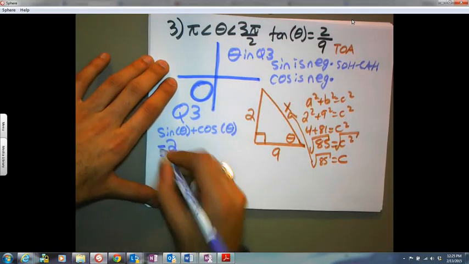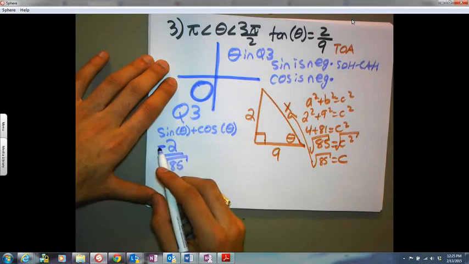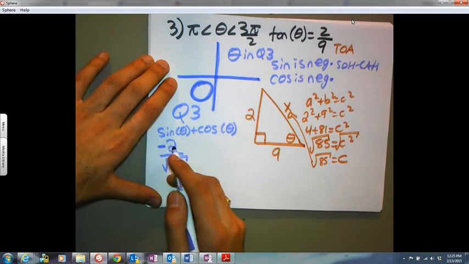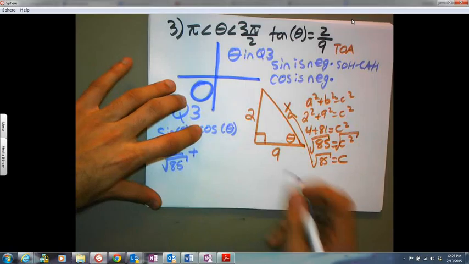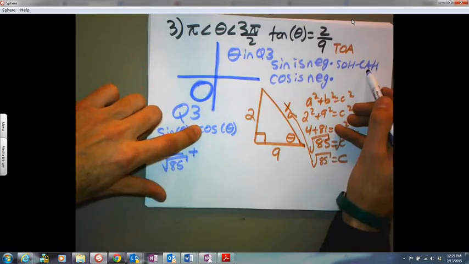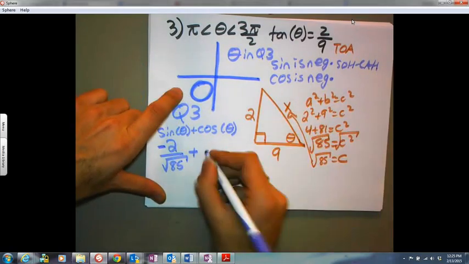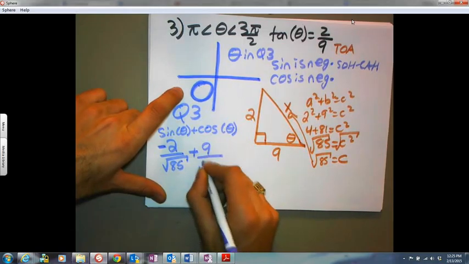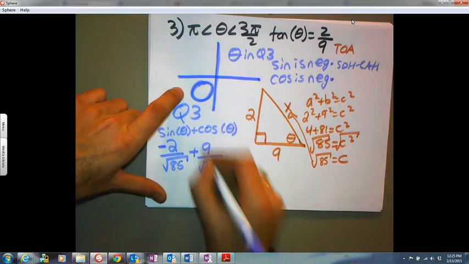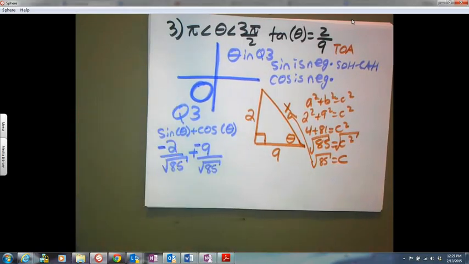Plus cos, so TOA, adjacent over hypotenuse, negative because I'm in Q3. Need to add these fractions. Denominators are the same. Negative 11 over root 85.